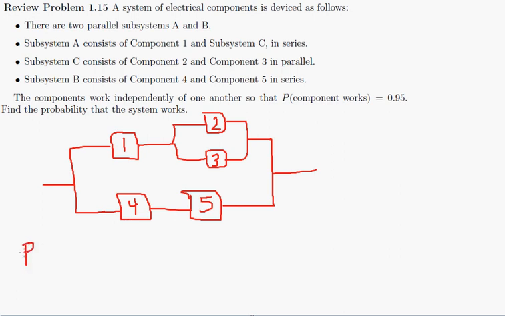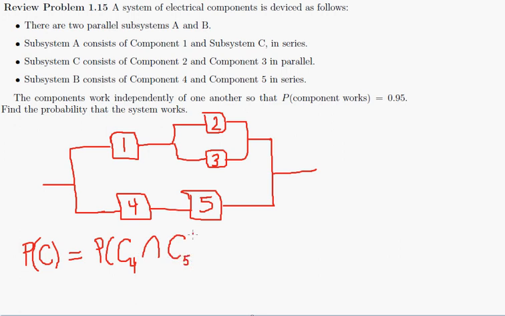The probability that C works, the probability that component C works, is going to be the probability that, well, component 4 has to work. So C sub 4, component 4 has to work, and component 5 has to work.